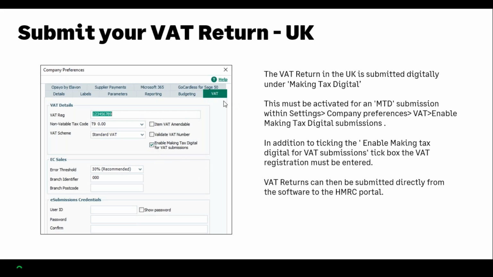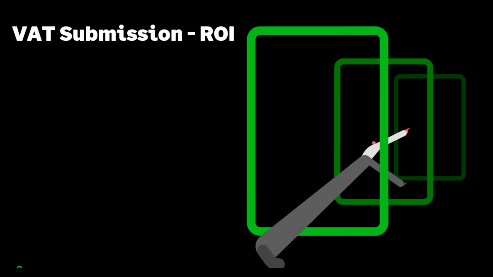Company preferences, VAT, and then put a little tick in that box. Once you've done that, you'll be able to activate the fact that you can submit your VAT returns online. Just make sure that you complete these details correctly, obviously, so there's no confusion with the information that you're sending over to HMRC. Same with ROI.